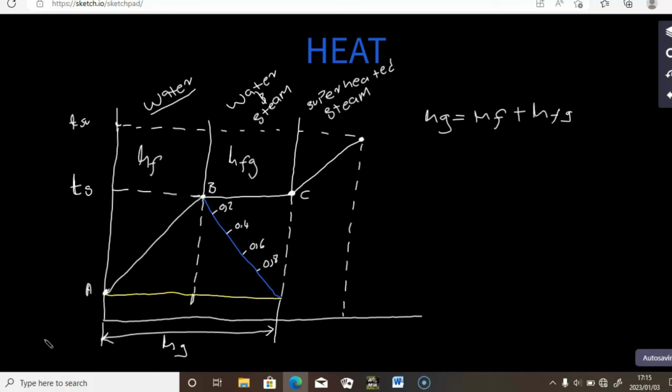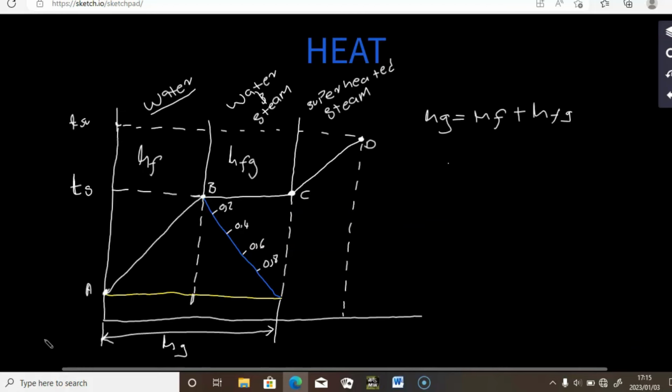And then at point D, there we are having what? Superheated steam. It's H sup, and H sup covers what?